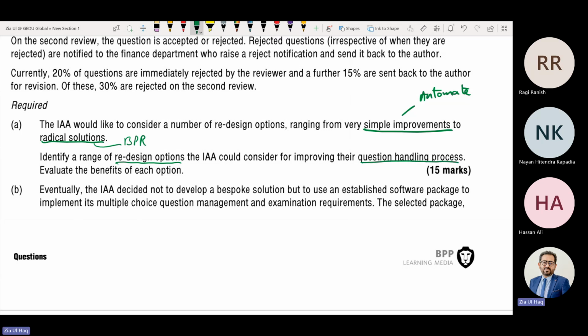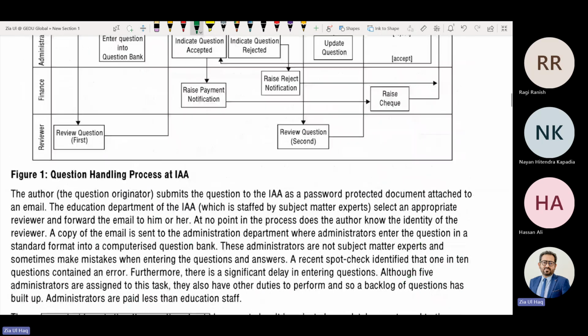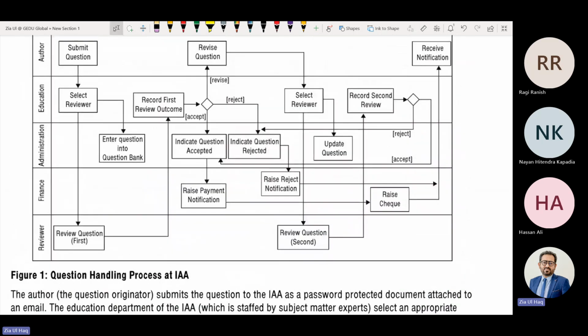And there is a question handling process change. Evaluate the benefit of each option, and you need to discuss the benefits of each option as well. And there is some process information given, meaning a simulation diagram given. We need to highlight the issues.